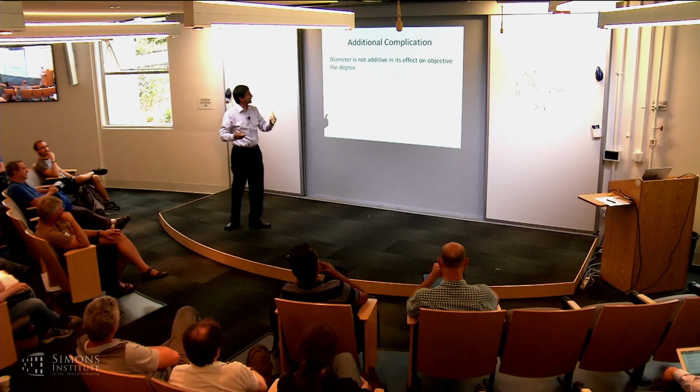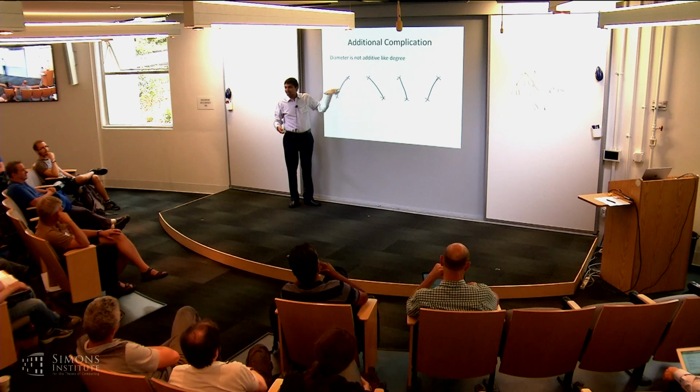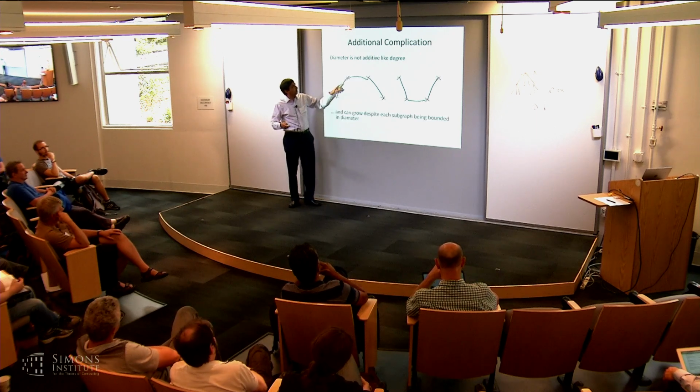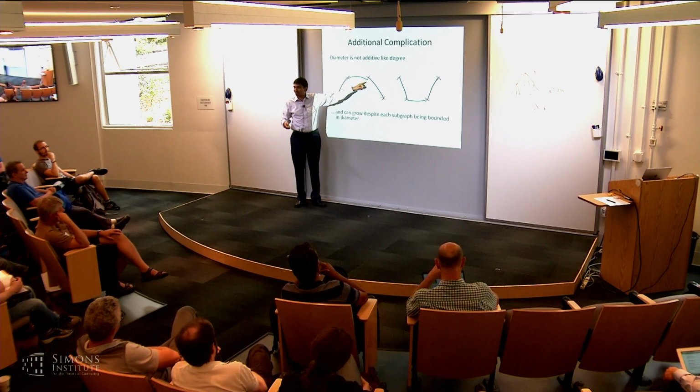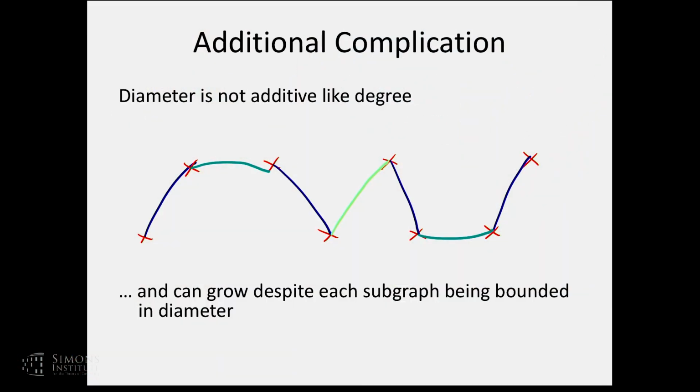But diameter is not like that, because if I form a path of length L to connect up these representatives, and then form paths of length L to connect up those representatives, and so on, the diameter is not additive, it's actually doubling. So this is broken. I can't add these paths and hope for the diameter of the final graph.